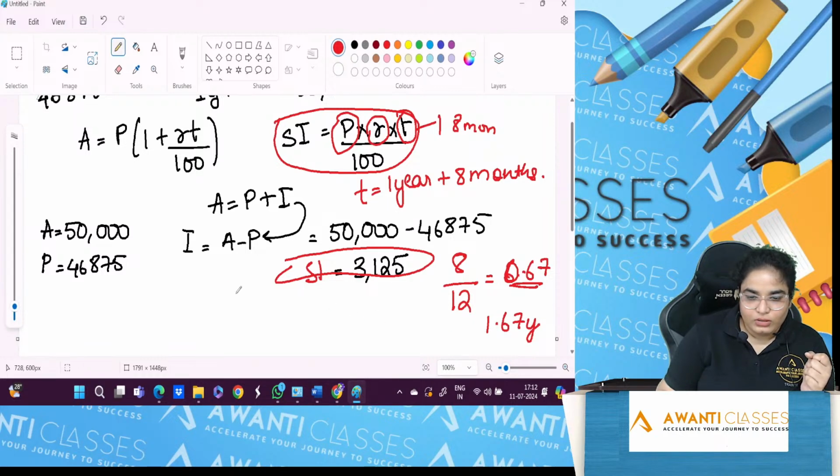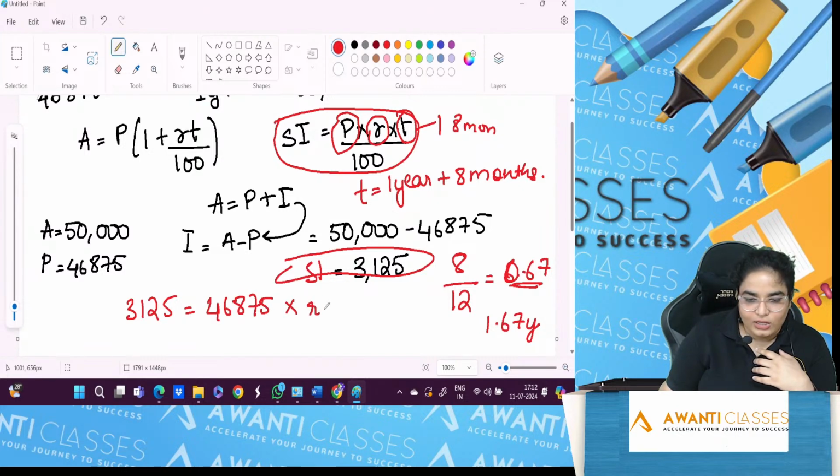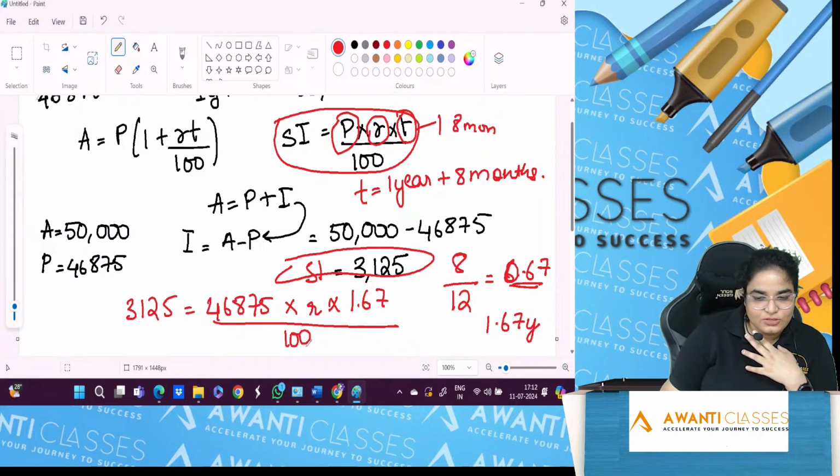With that, we can put this in the formula. SI is equal to 3125, which is equal to 46875 into R into 1.67 by 100.